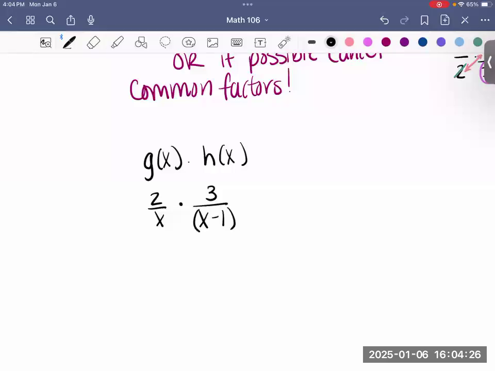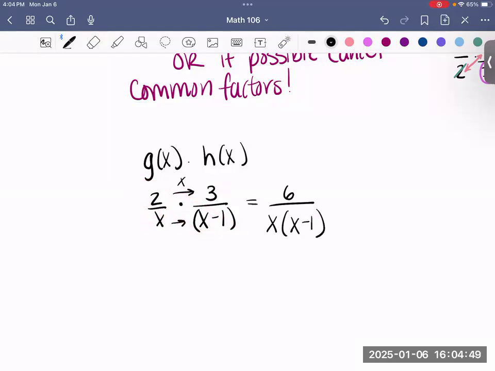And again, I'll put these in parentheses. So when you multiply, you can multiply directly across because there's nothing that can cancel out immediately. There's no 2 down below. There's no x above. Instead, what we can do when we multiply is just make 6 and then x minus 1.